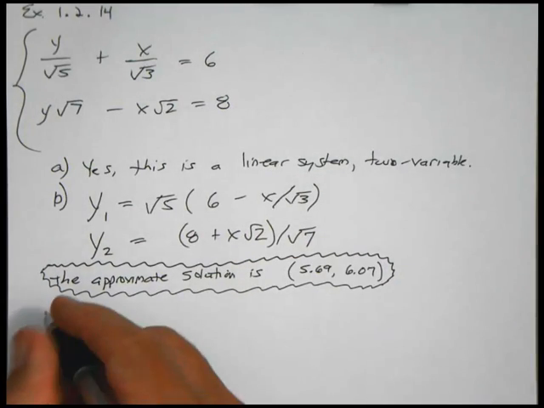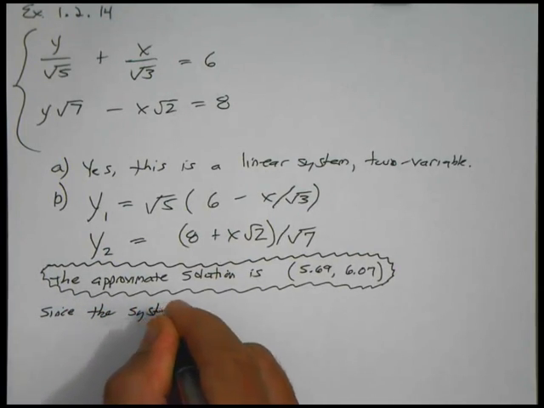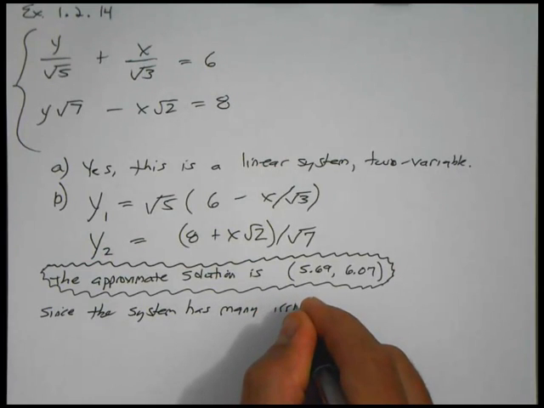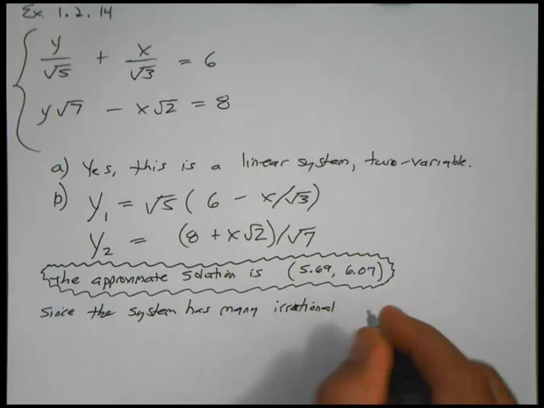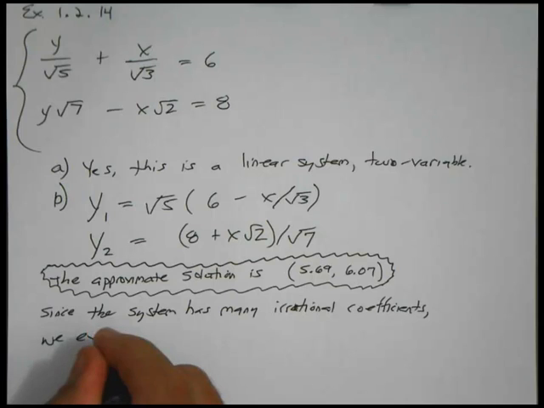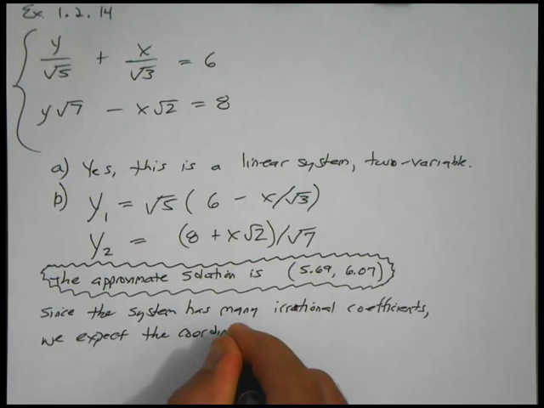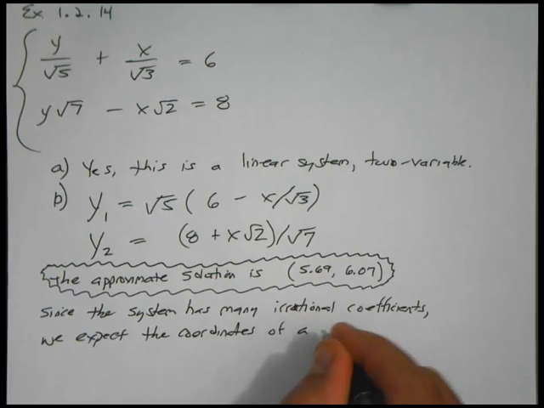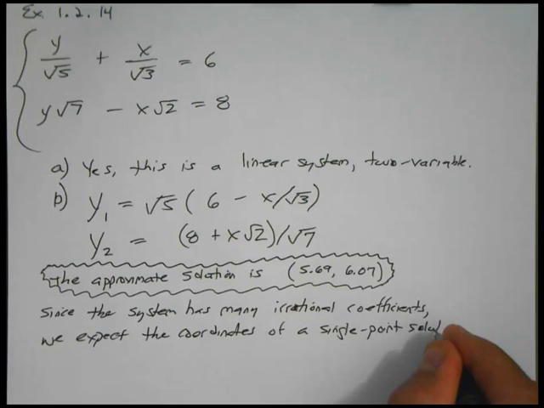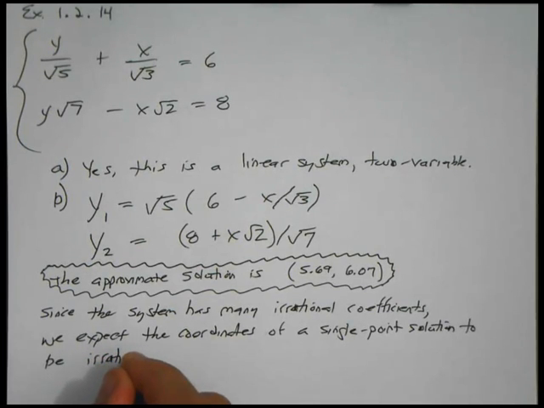Let's write this down. Since the system has many irrational coefficients, we expect the coordinates of a single point solution to be irrational numbers.